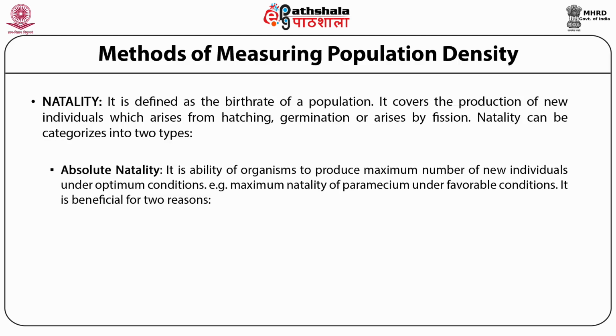The absolute natality or physiological natality is very difficult to achieve in wild populations, but it can be observed only under favorable conditions or when major limiting factors are temporarily non-operative. For example, if a small number of paramecia is placed in the culture medium, under favorable conditions, they achieve maximum natality by multiplying at maximum reproductive rate.